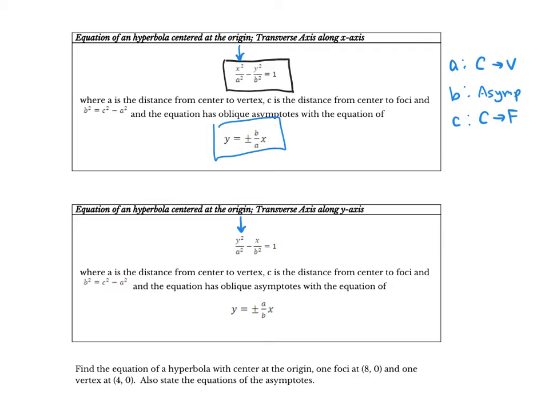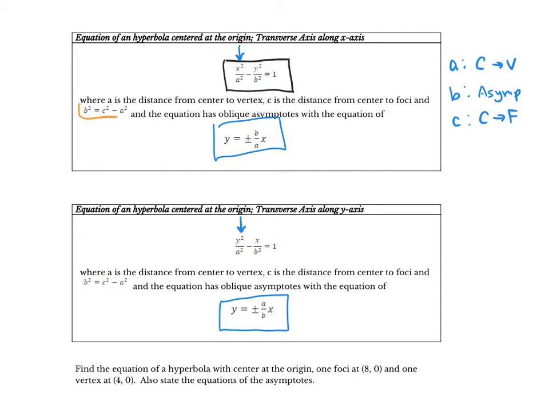The asymptotes are y equals plus or minus b over a x. So the slope is determined by the b and the a. When the transverse axis is along the y-axis, you can see the a and the b switch. a is on top and b is on bottom. I'll show you a way where you can see this in the picture when we do some examples, so you don't actually have to memorize which one goes on top, b or a.